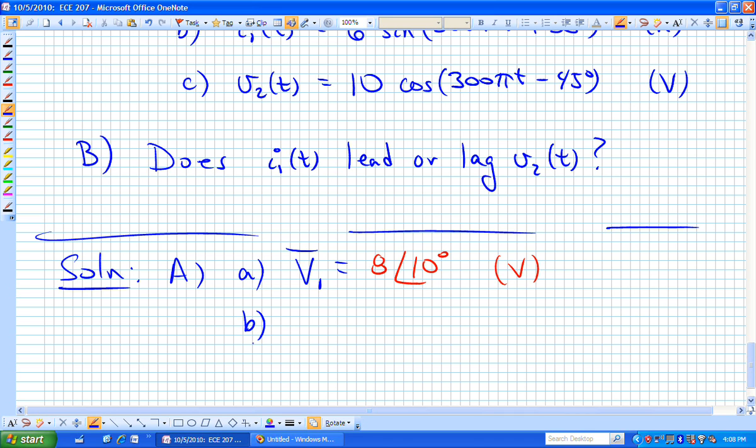Will that happen in a linear circuit? It won't unless you have multiple sources operating at different frequencies. But you could use superposition. You could kill one source that's going at 60 hertz and analyze the circuit that's left. Maybe you have a European source going at 50 hertz.